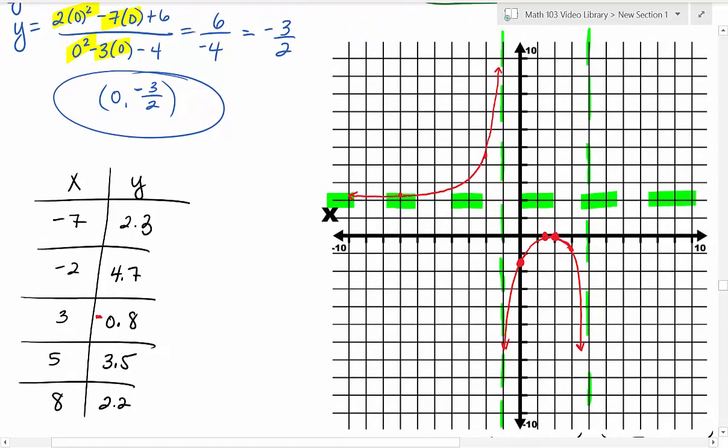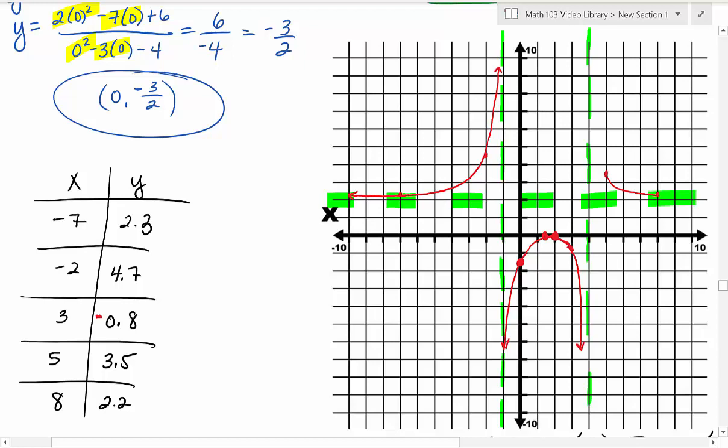Our next 2 points are 5, 3.5, and 8, 2.2. These points must connect, and the ends of our graph have to tend towards the asymptotes.